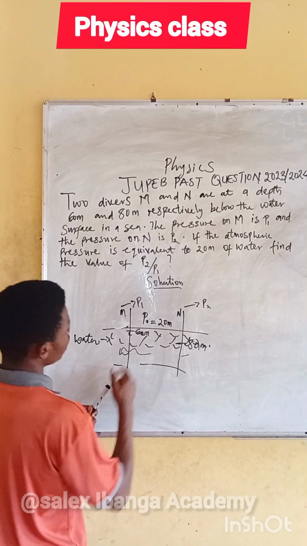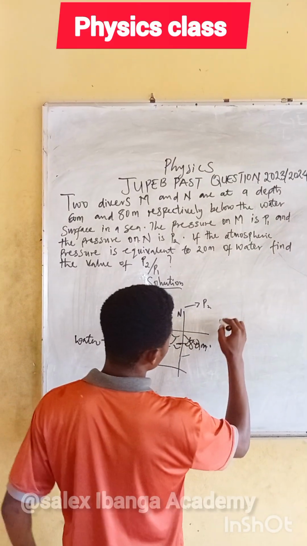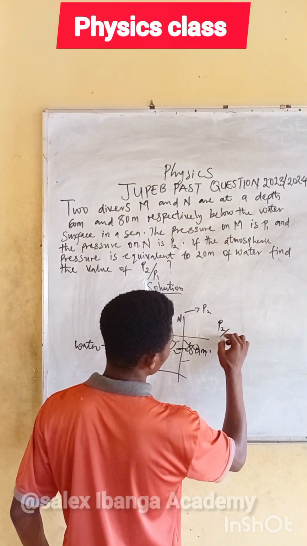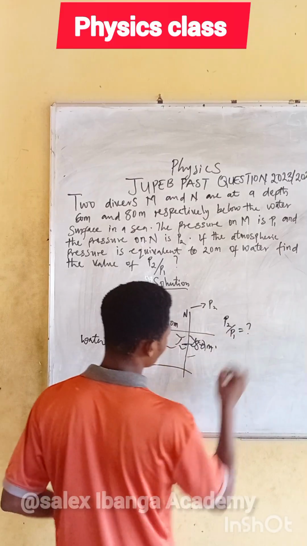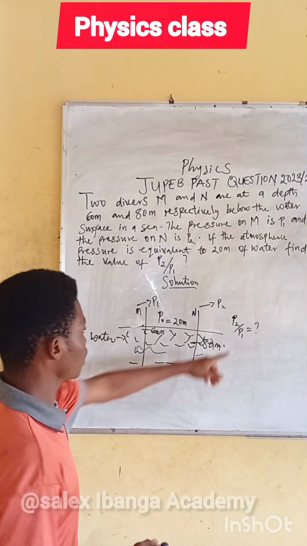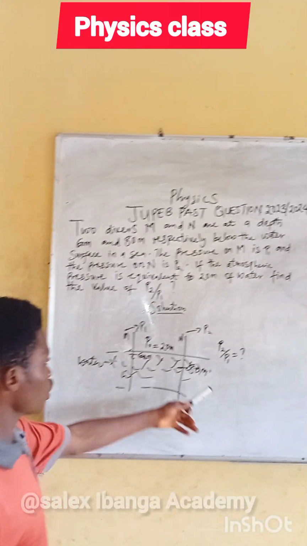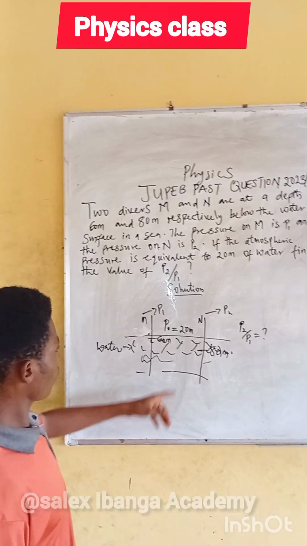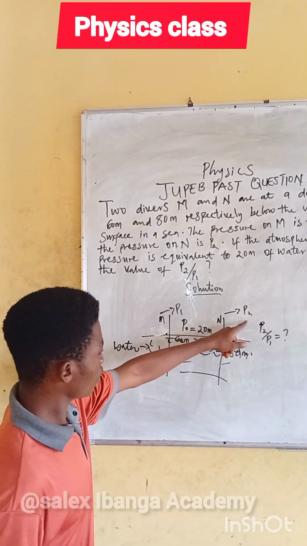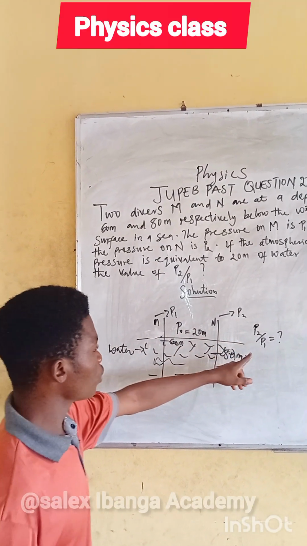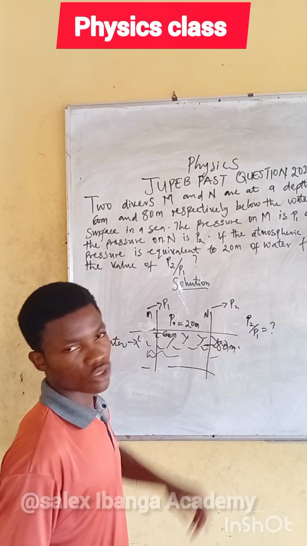So now, find the value of P2 over P1. P2 over P1 equals what? Unknown. This is what we are looking for. Our formula will be the ratio of this man to this man.